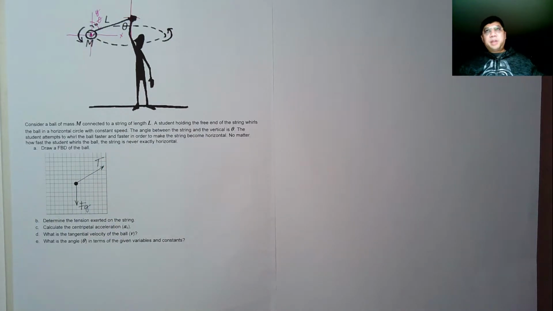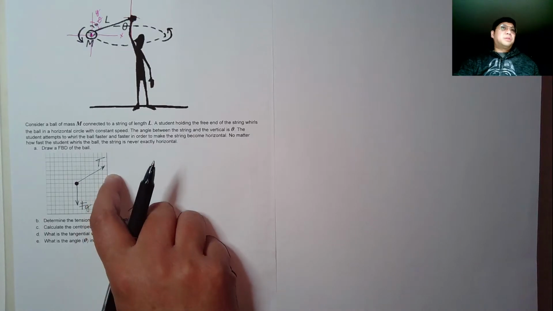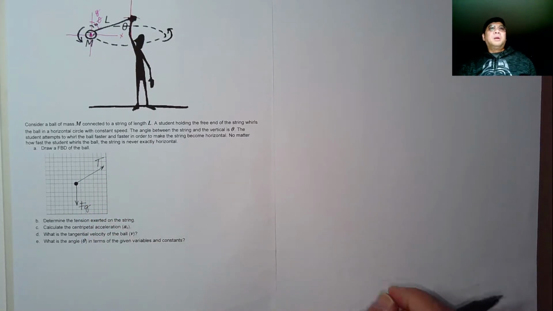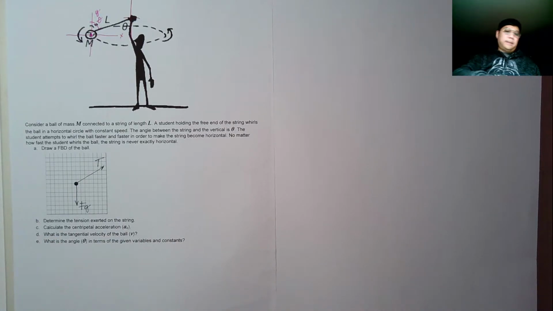Sometimes we can use F_T, but the issue with F_T is that when we have the x and y, you have F subscript T subscript X or Y, and there are too many subscripts that are hard to keep track of. So that's why we're just going to use T instead. The first question is to determine the tension exerted on the string. So, letter B. Let's solve for the tension on the string.